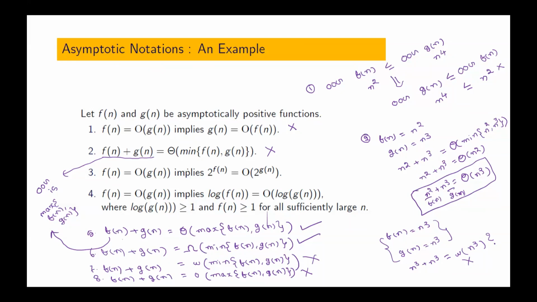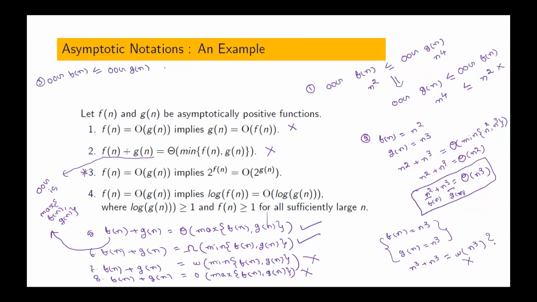Okay, so what about the third one now? Is that true or not? f of n is big O of g of n. So what is given here? Order of growth of f of n is less than or equal to order of growth of g of n, which is given.